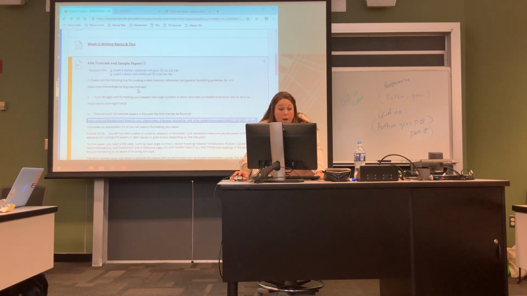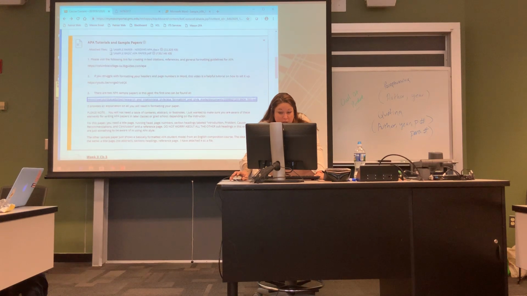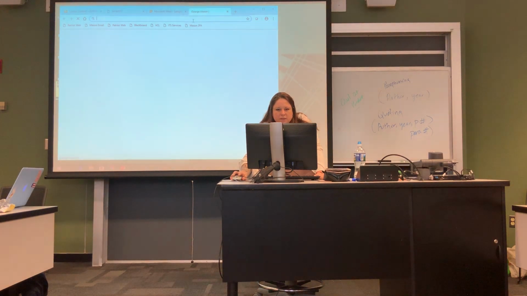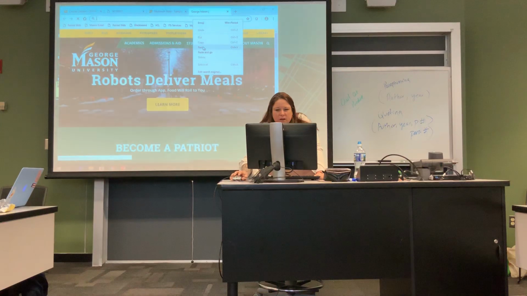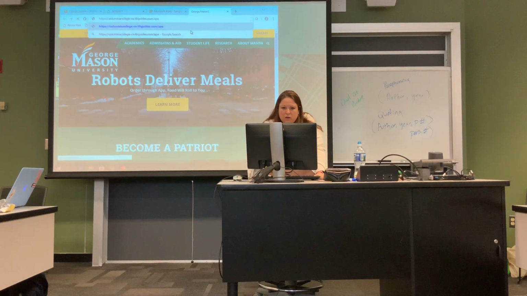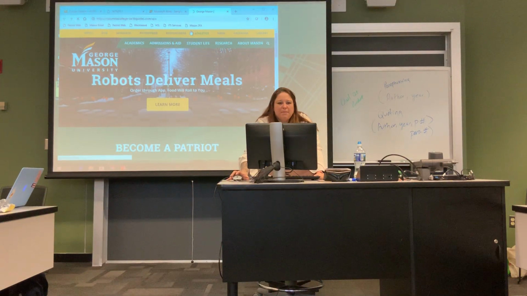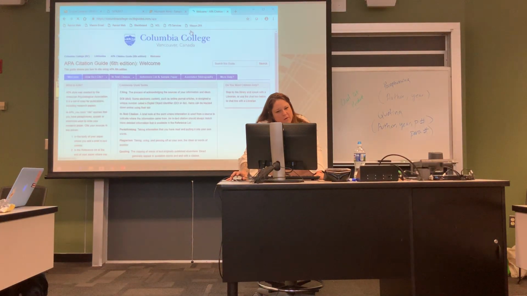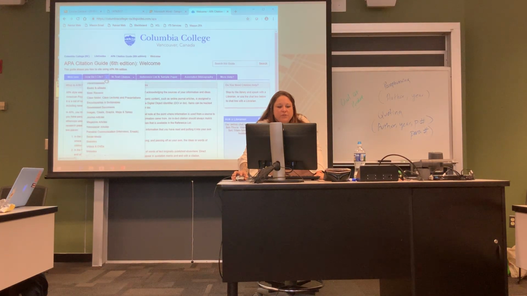There's a couple other resources on here I want you to be aware of. I don't know why I didn't hyperlink this, that's strange. This is a really comprehensive resource for APA. It's very user friendly.